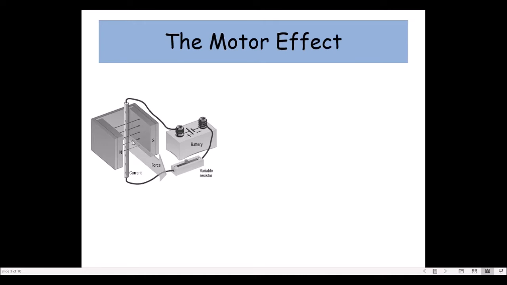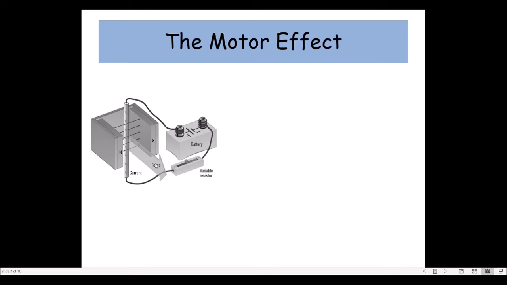We can also see drawn on here the magnetic field of this permanent magnet going from north to south, from left to right. So we've got a current flowing down through this wire, we've got a magnetic field from left to right, and that means that this wire will experience a force, and it's labelled on here, and the direction of that force is going to be outwards.